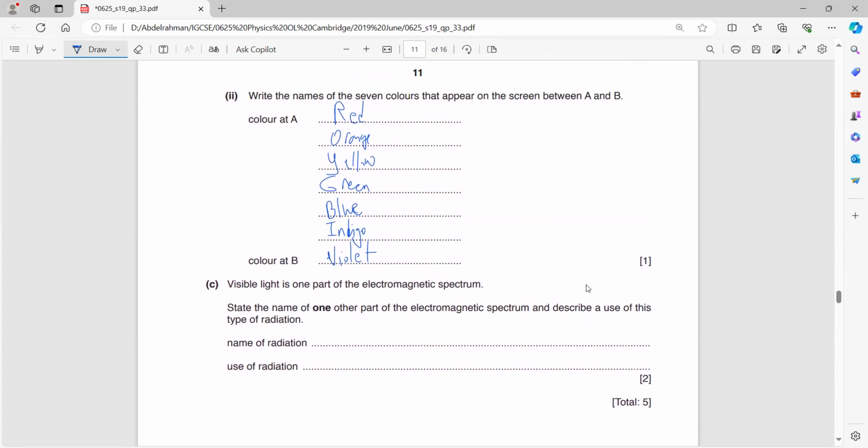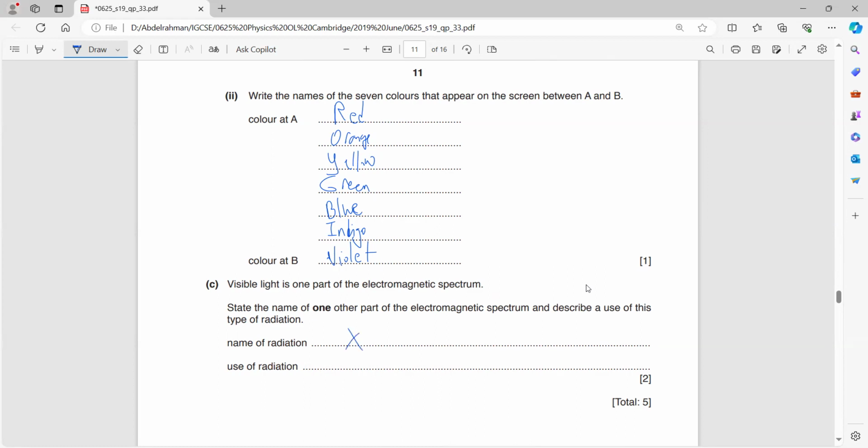Visible light is one part of the electromagnetic spectrum. State the name of one other part of the electromagnetic spectrum and describe the use of this type of radiation. You can choose any type of electromagnetic radiation and explain its use. What radiation would you use? Any ideas? Literally any radiation. I will say X-rays, for example.